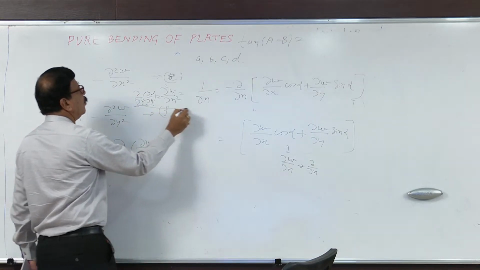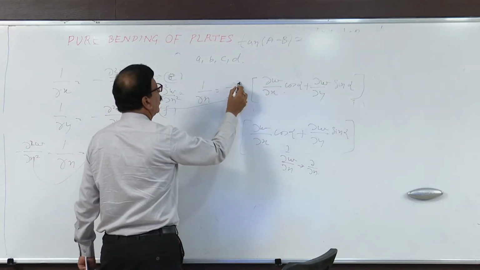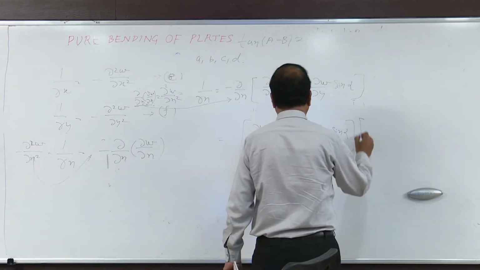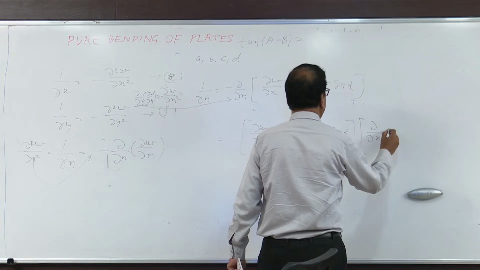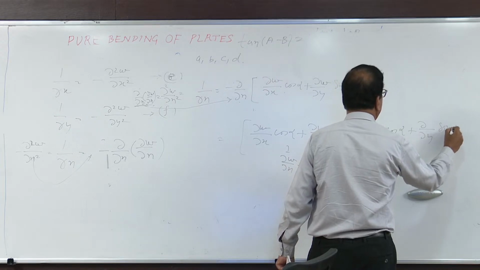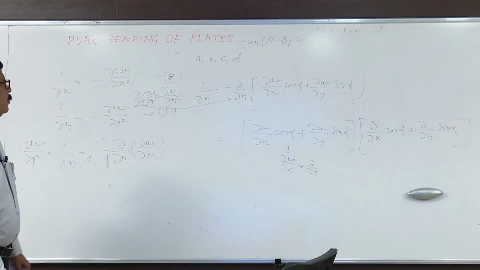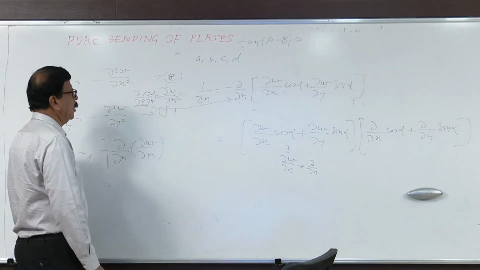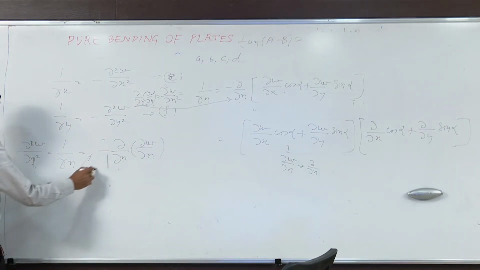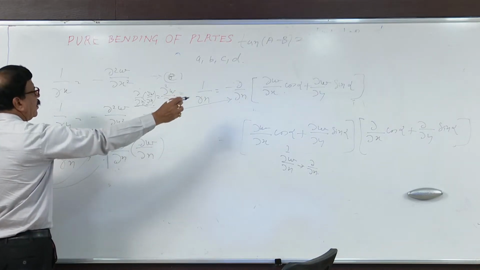So del W by del n is from our equation this.